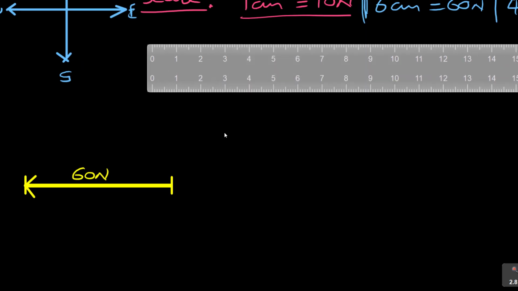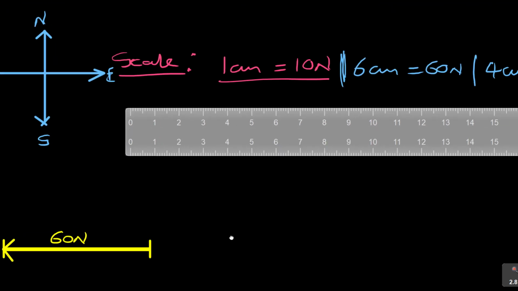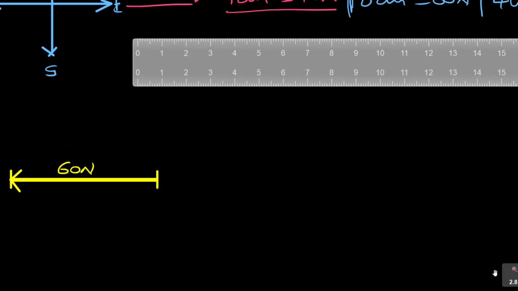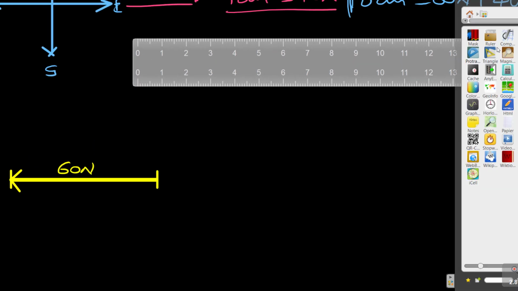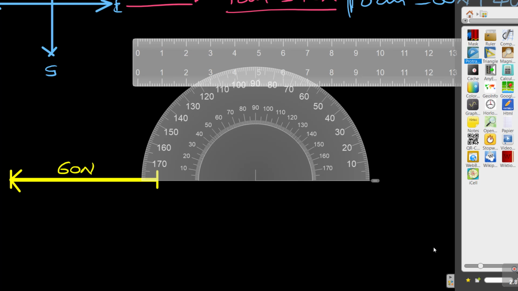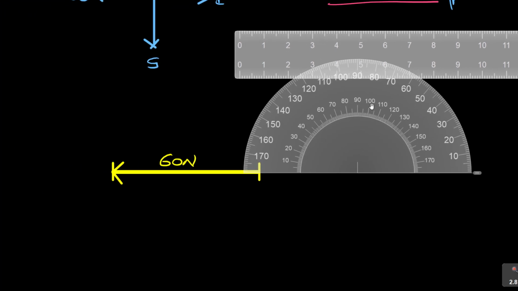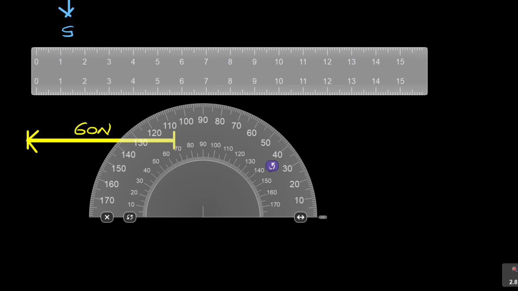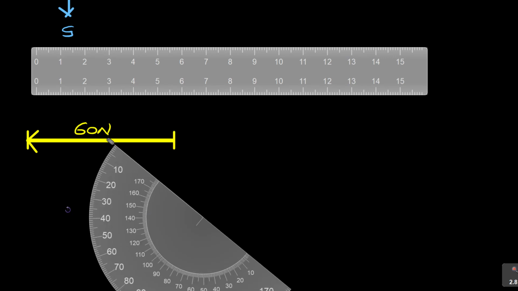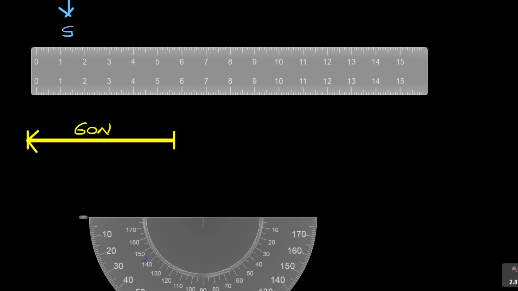So what happened to that protractor of mine? Did it disappear? Okay, let me check it again. Sorry about that. There it is. Okay, so I need now my protractor here. I need now to measure 135. So I'm going to rotate it. You have to get used to this, guys.